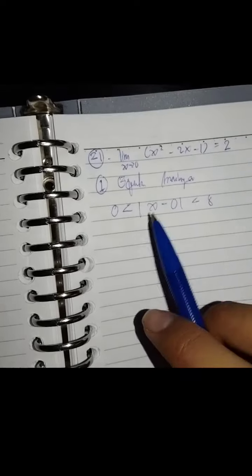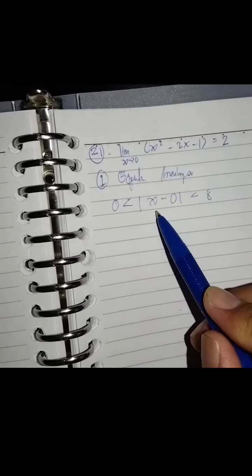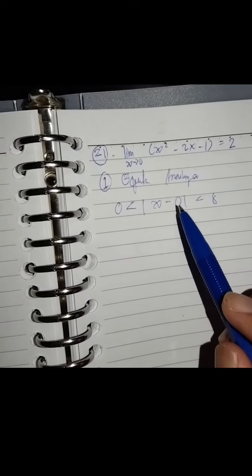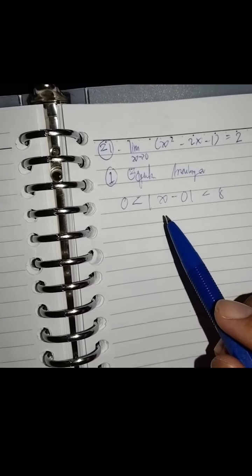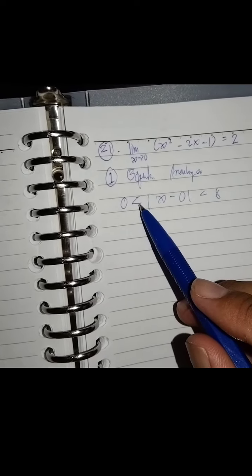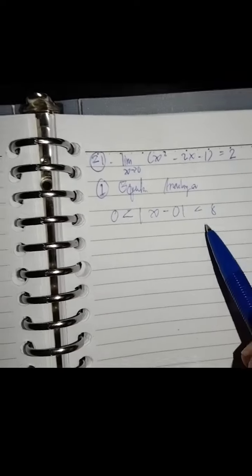So in this, x to 0 can be written as x minus 0. So use the equation in the in-depth material. We can write this: 0 is smaller than absolute x minus 0 is smaller than delta.